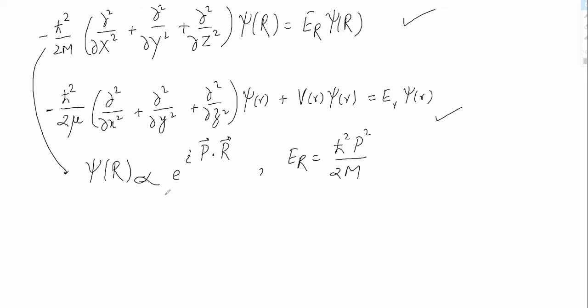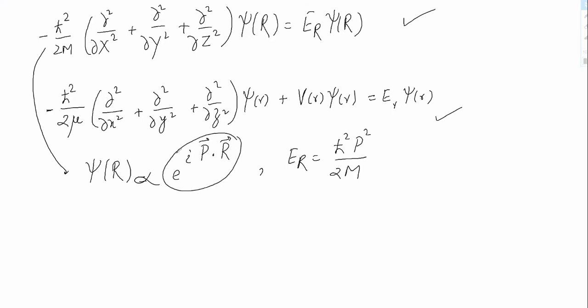And that is why, if you notice, for all our physical quantities you have psi star psi, and therefore this factor with e to the power minus i p dot R does not play any role.